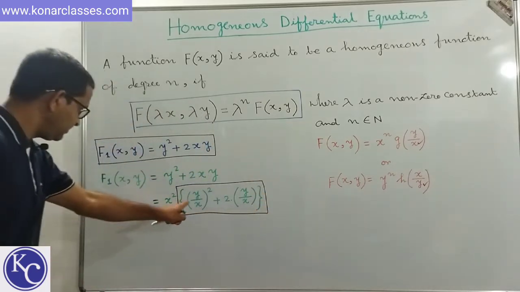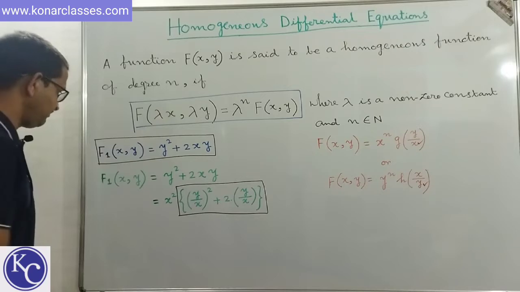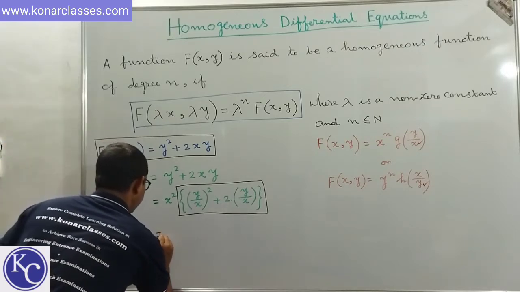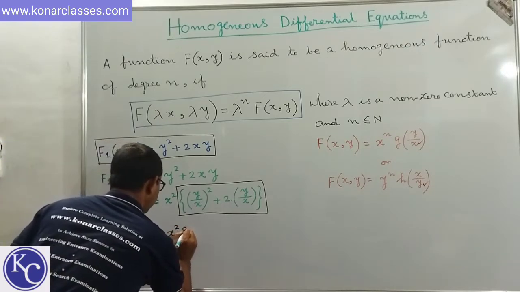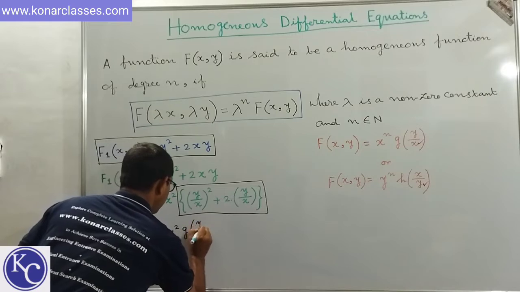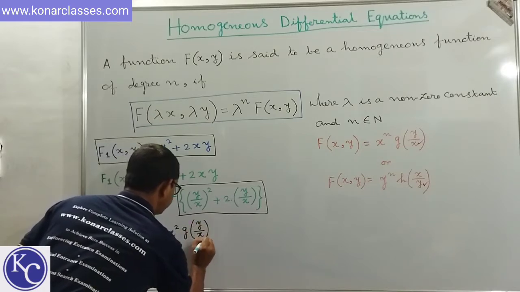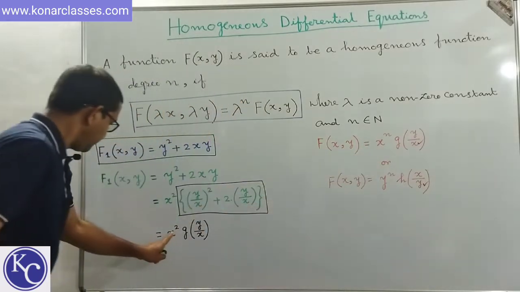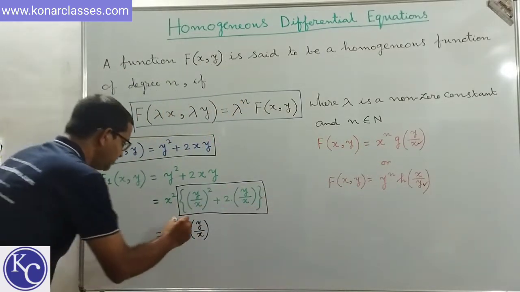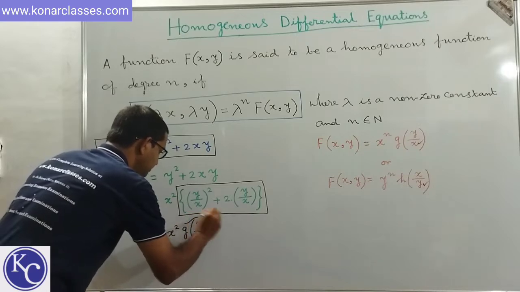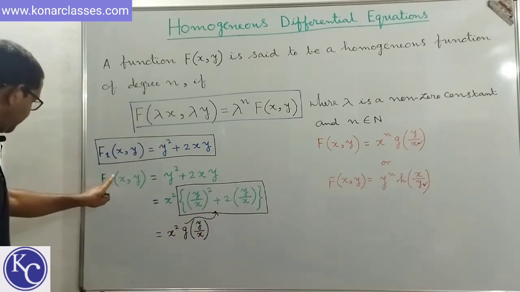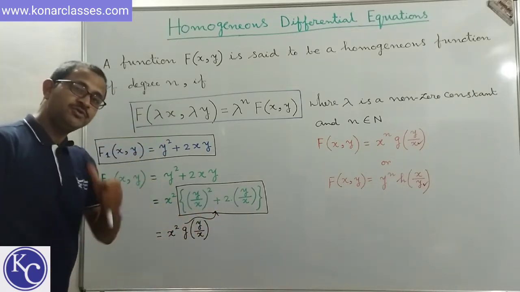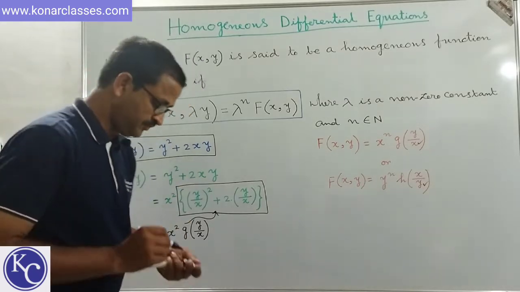That means it is a function of y by x. So that is equal to x square into g(y/x). This is the definition, x square into g(y/x), where g(y/x) is this function. That means we can say this function is a homogeneous function of degree 2.